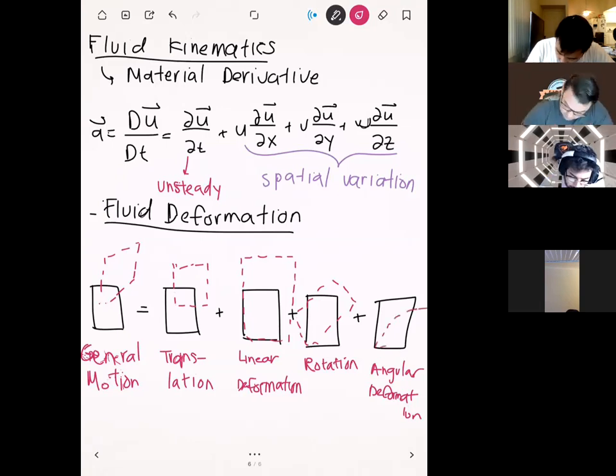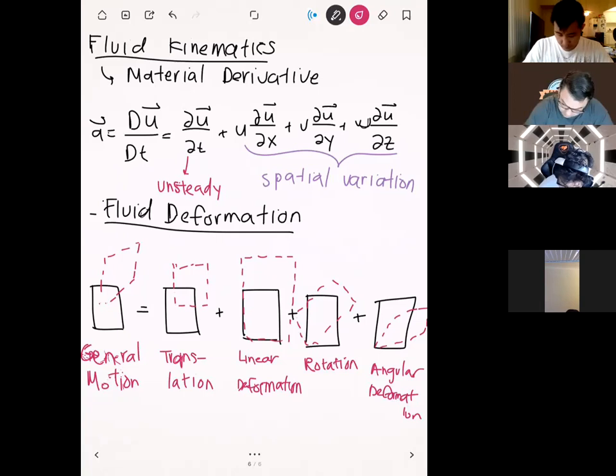Angular deformation is the most interesting one because it's the only one which can cause the box to change shape. It's extremely hard to draw because it's at the edge of my iPad, but you can kind of see. In angular deformation, the angle between the sides of our square is either getting smaller or bigger, and that's what causes the fluid element to change shape.